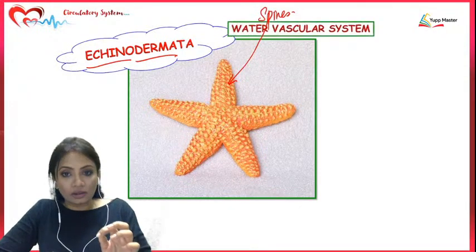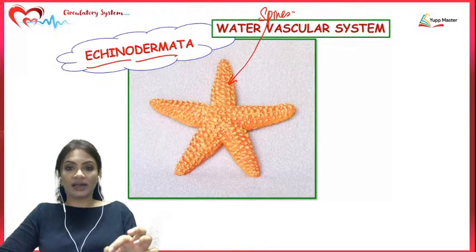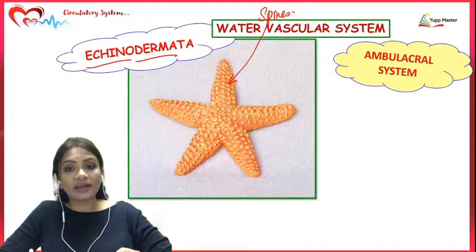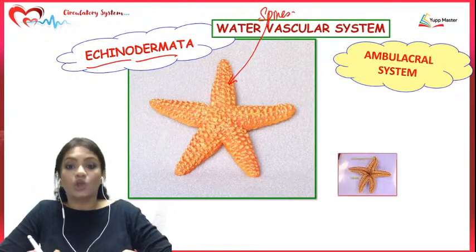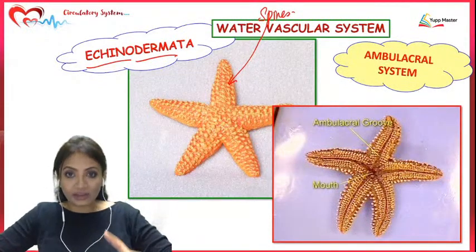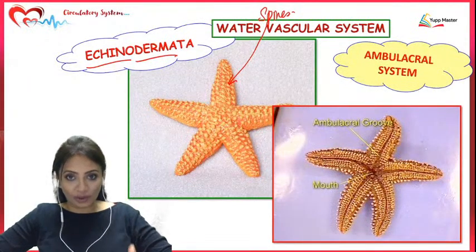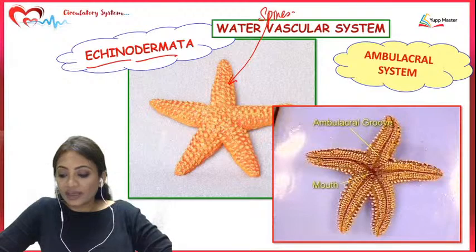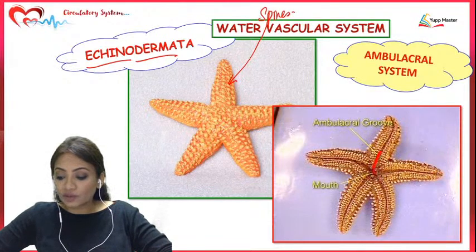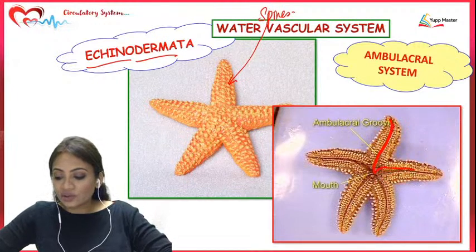In here there is a system which is called a water vascular system, also called an ambulacral system. What happens here basically is that as water enters the body of this organism, there is a canal present everywhere. In fact, the water circulates through this and radiates through all the arms of the animal.